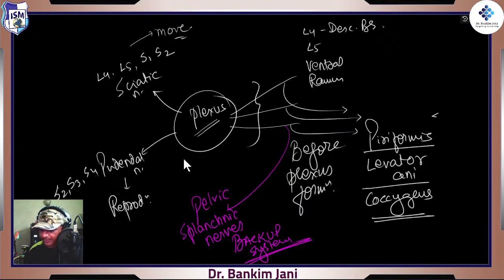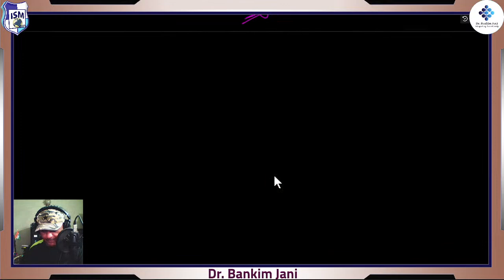Piriformis is like S1, S2, this is S3, this is S4, S3, S4, and coccygeus. So that's the basic layout.